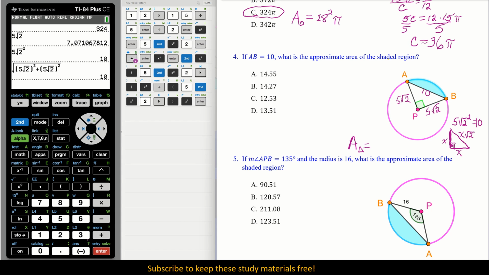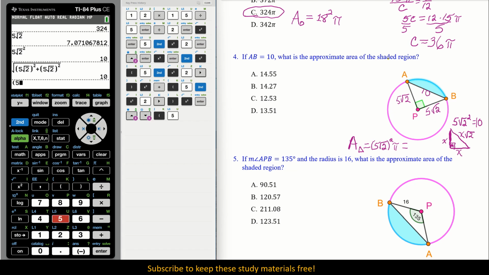So we need to take the 5 square roots of 2 and put that in front of pi. And what is that going to equal? Well, when we square that, okay, we haven't done that yet. I'm just going to go up. Oh, but if I do that, it won't work. Never mind. I need to do parentheses. I'm leading you down a path that you probably shouldn't go down. So let's not do that.